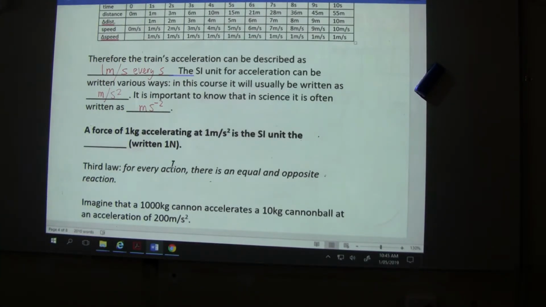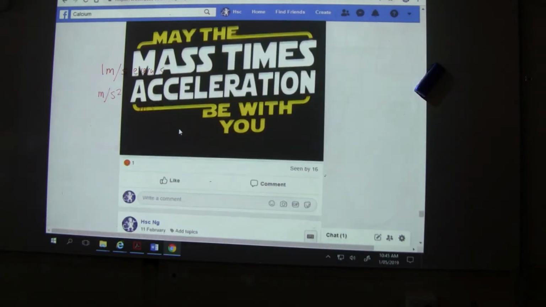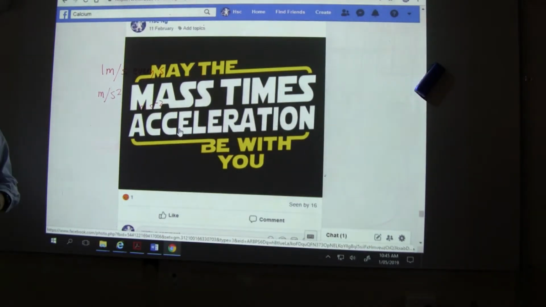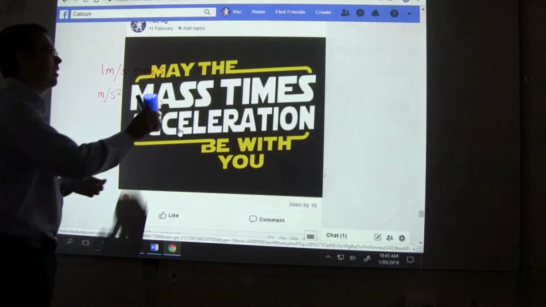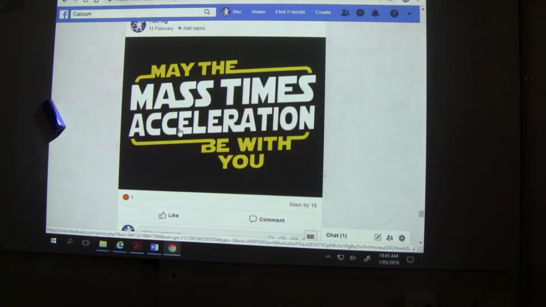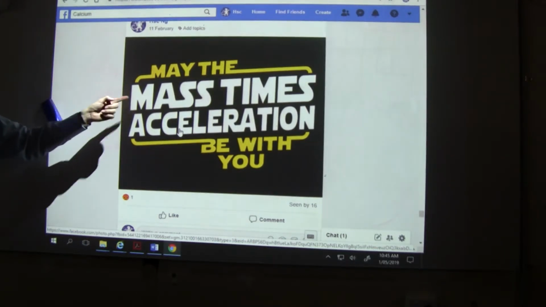Now, a little bit ago, we learnt about the second law. Can anyone tell me what Newton's second law was? Can you remind me? It was 3 letters. Okay. I'm going to show you a picture to help you remember. Force is equal to... The second law of physics is force is equal to... Mass times acceleration.